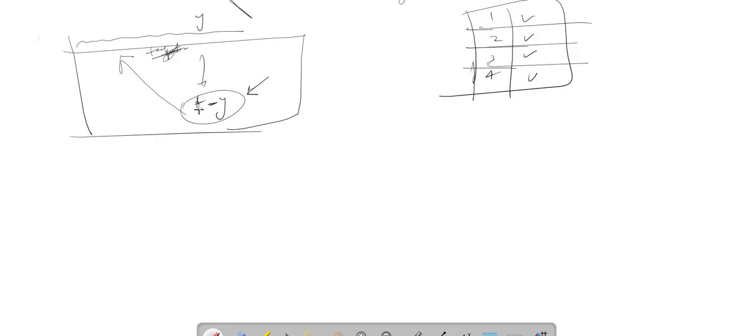And that's where we can subtract it out of target to see if target minus this number is something that we have already seen.